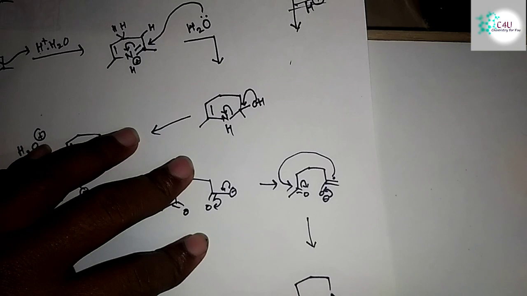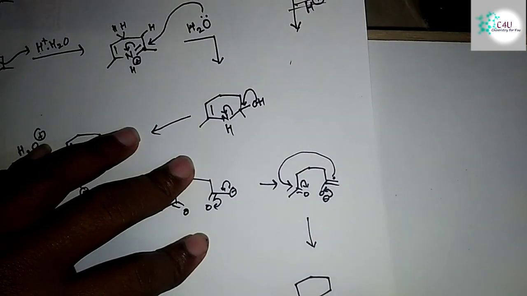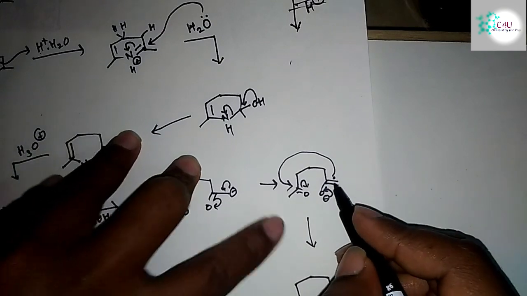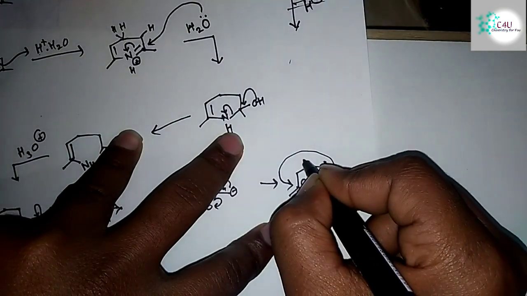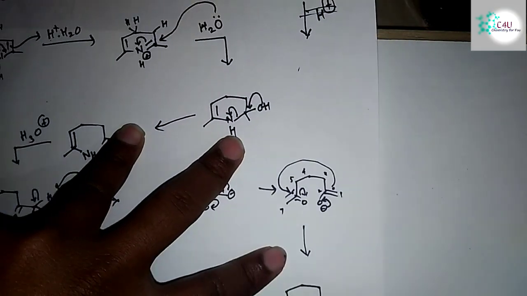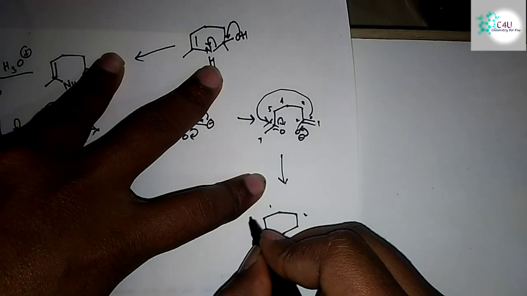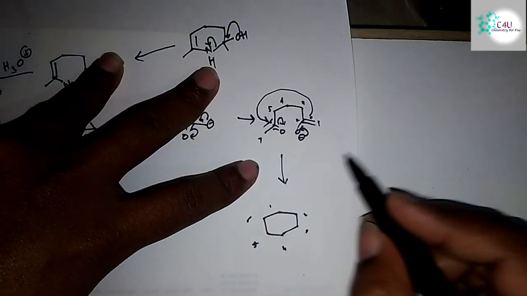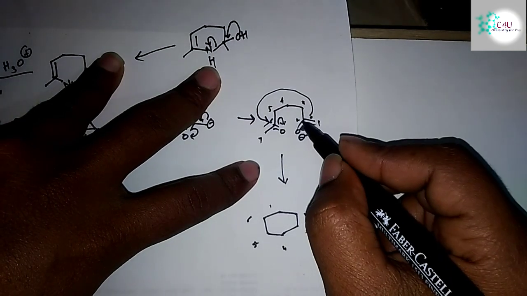A 6-membered ring, right? 1, 2, 3, 4, 5, 6. If I number it as 1, 2, 3, 4, 5, 6, let it be 7, and I'll number this ring as 1, 2, 3, 4, 5, 6. First position is here, it doesn't have anything.